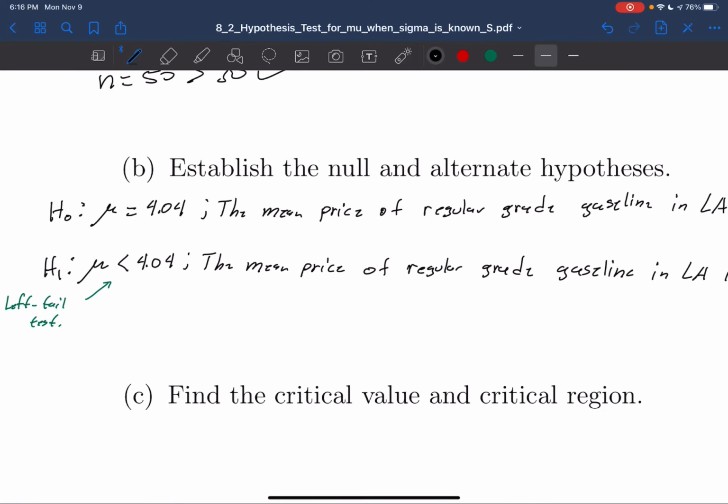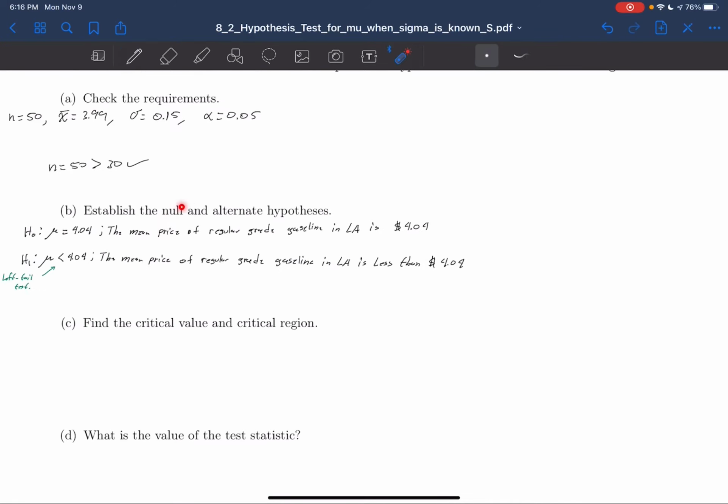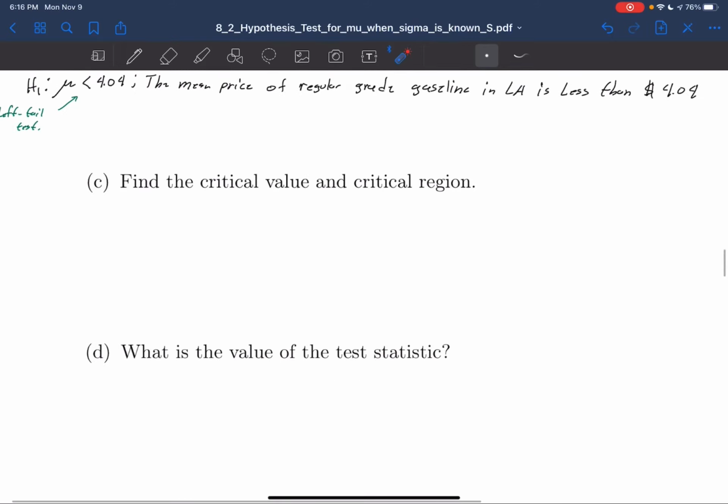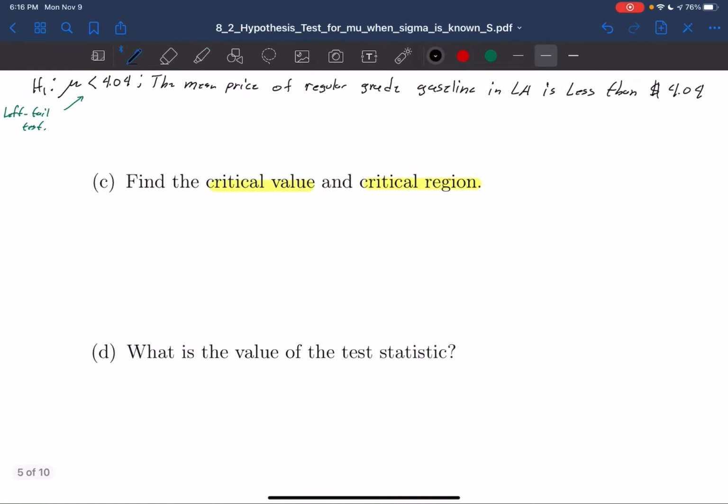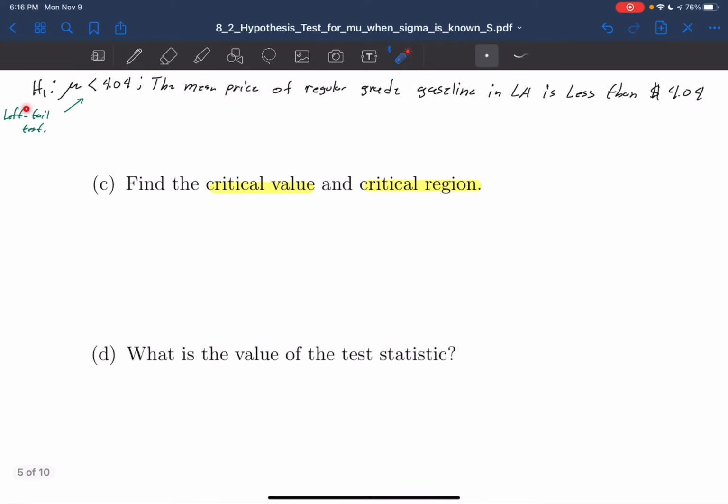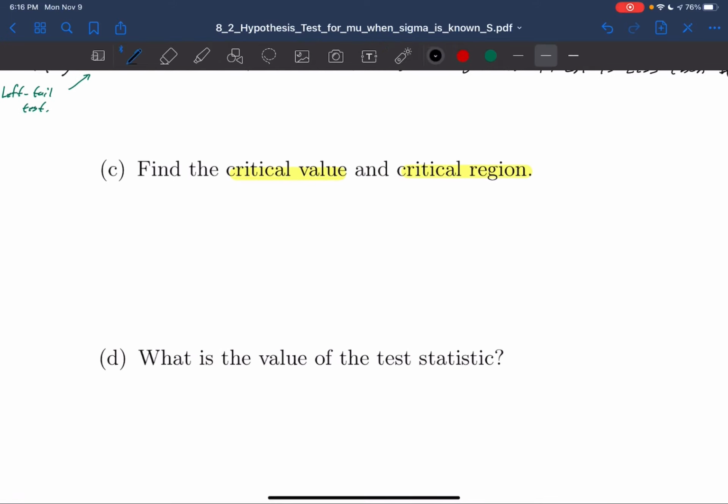Okay, so now that we wrote down our null and alternative hypothesis, we can continue. Next, we want to find the critical value and the critical region. So since we're dealing with a left tail test, if you remember, let me just draw this real fast.